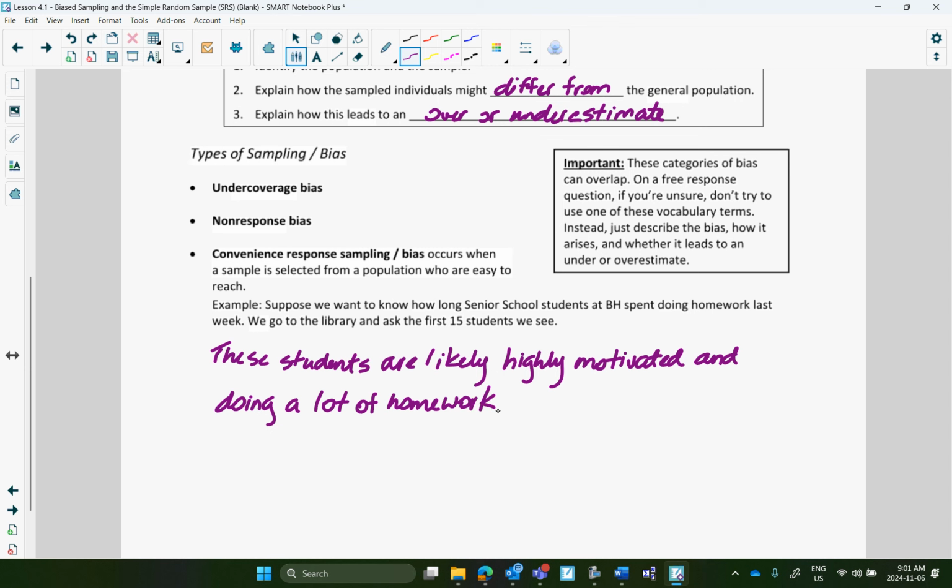Therefore, the amount of time that these 15 tell you that they spent studying, if you average it out, do you think that would be an overestimate or an underestimate of all senior school students? Overestimate. It's an overestimate of the amount of time spent doing homework.